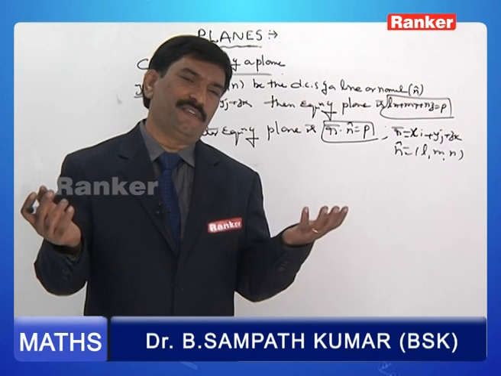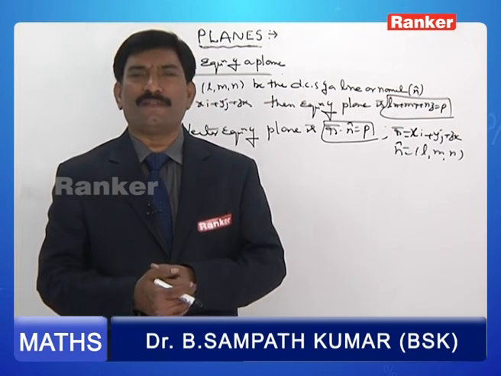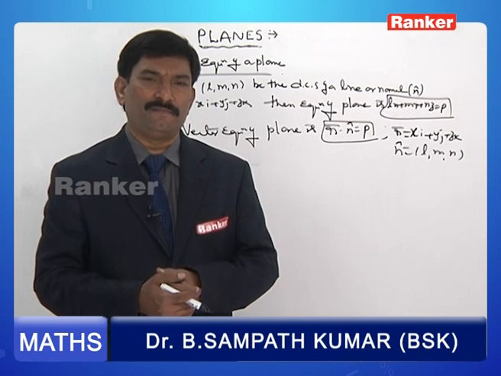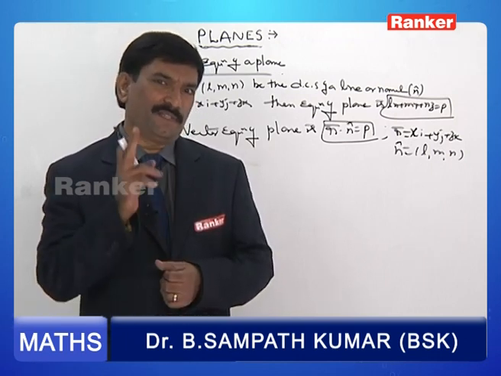It is quite obvious, it's a normal. When l, m, n are the DCS of a line, what's the modulus of that? Square root of l square plus m square plus n square is equal to 1.